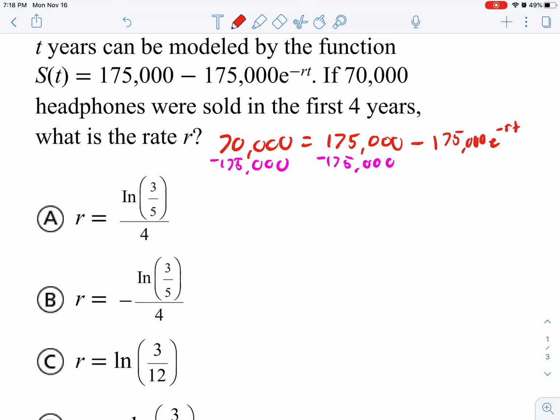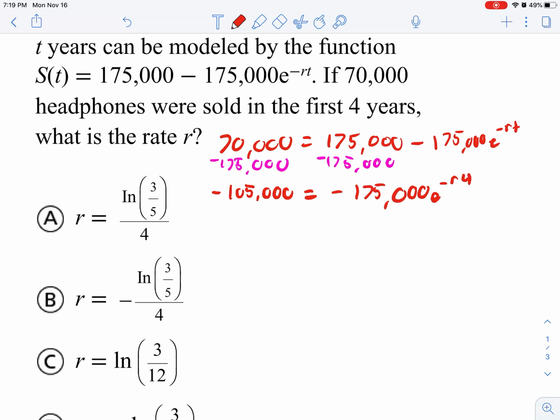So we've got 70,000 minus 175,000, which is minus 105,000. I'm bad at basic arithmetic, so I used a calculator. Equals negative 175,000 times e to the power of negative RT. And that T, we know what that T is. That T is 4, so I'm going to go ahead and write that in too.